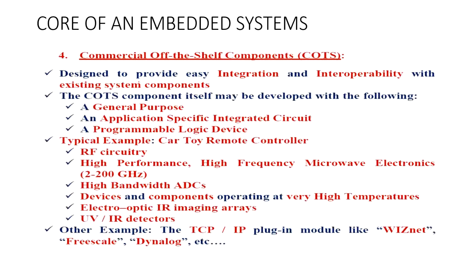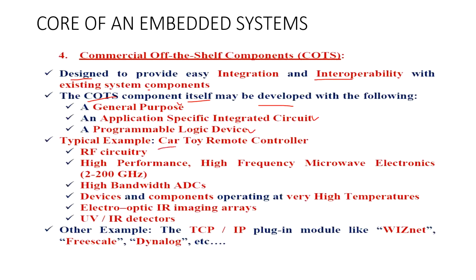Then the next one is commercial off-the-shelf components, that is COTS. These are designed to provide easy integration and interoperability with the existing system components. The COTS component itself may be developed with a general purpose processor, an application specific integrated circuit or a programmable logic device.